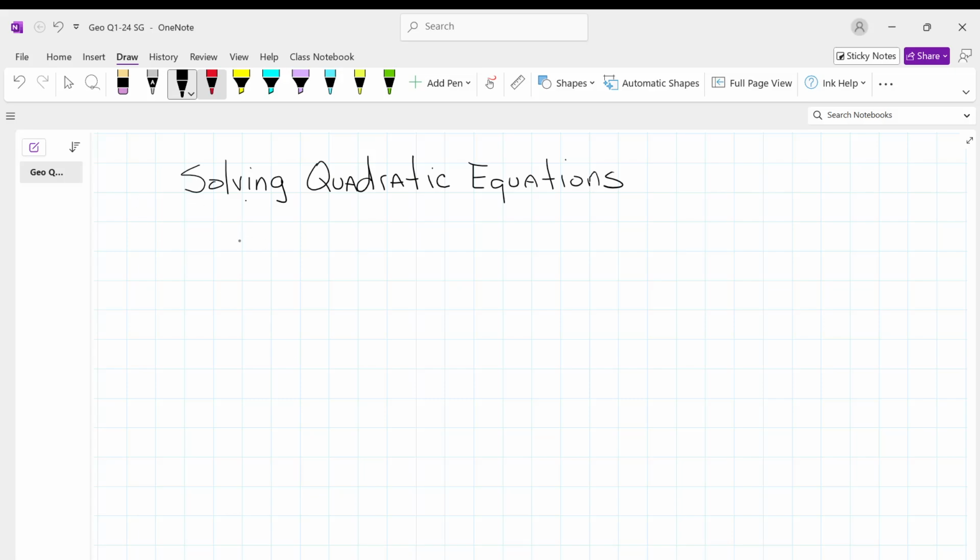And the steps would be, number one, write the equation in standard form.